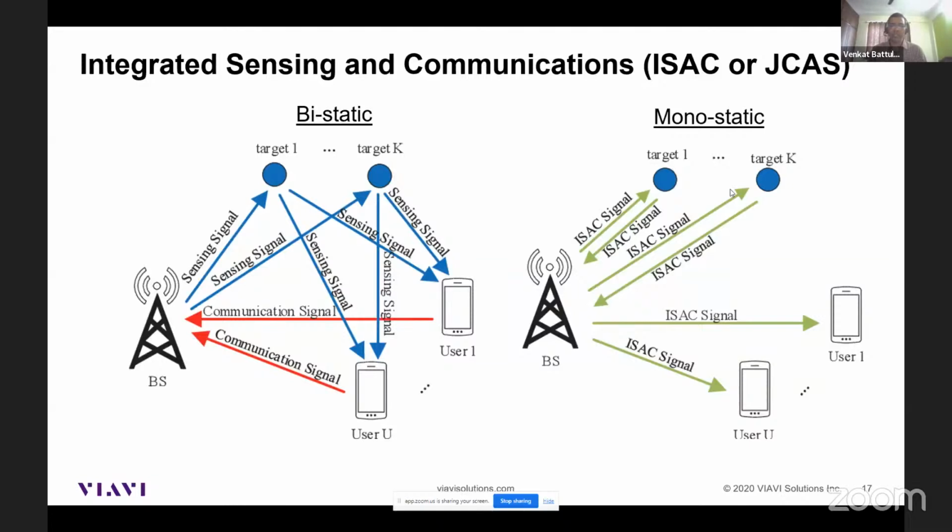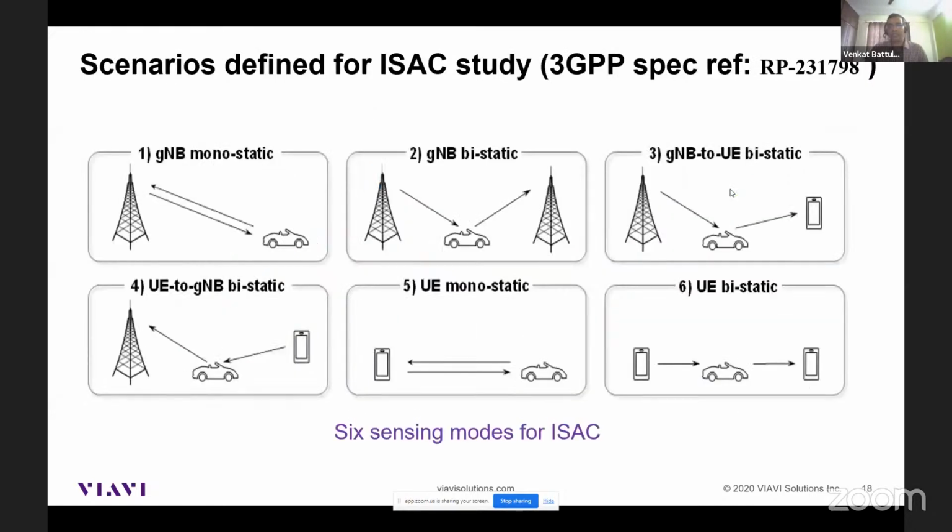There may be buildings, objects, which don't communicate, but the network is sensing all these obstacles, objects, and other things in the channel, so that it can optimize the network, the way it transmits the signals, the beam direction, all those parameters.